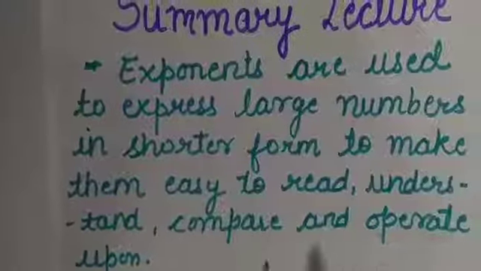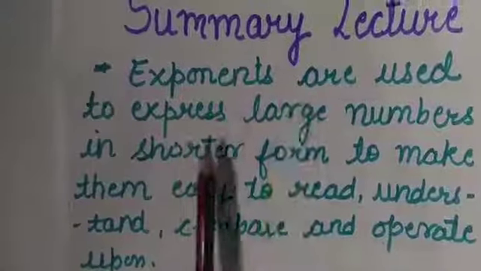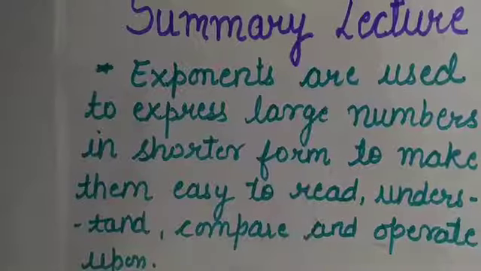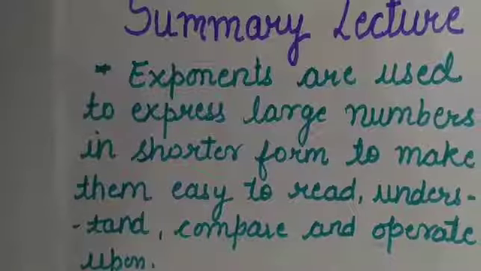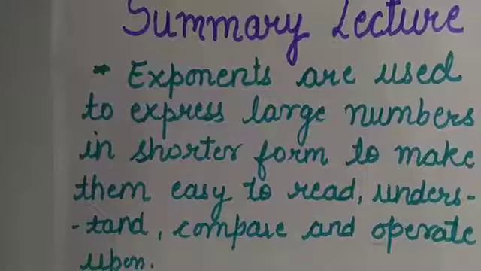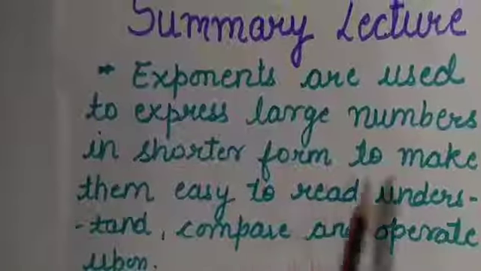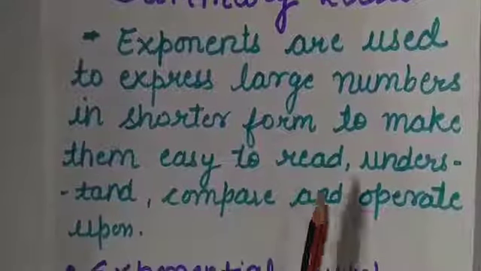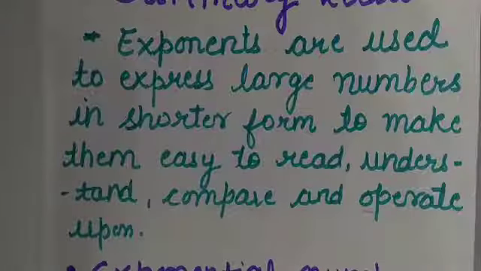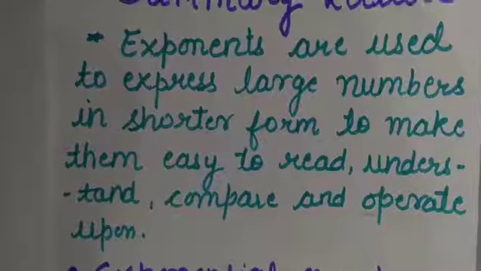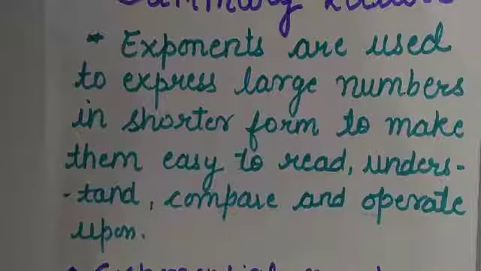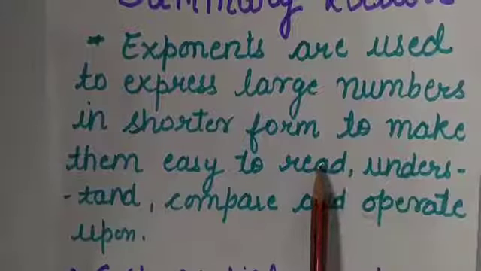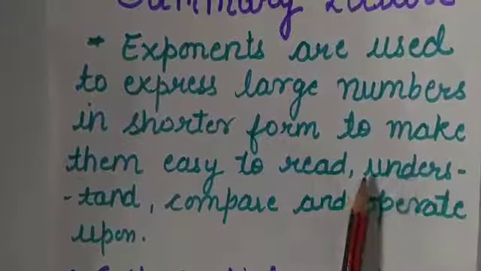Suppose we have to express a huge number; in that case, we use exponents. So this is the application of exponents: wherever we have a large number, I will use an exponent to express it in shorter form.